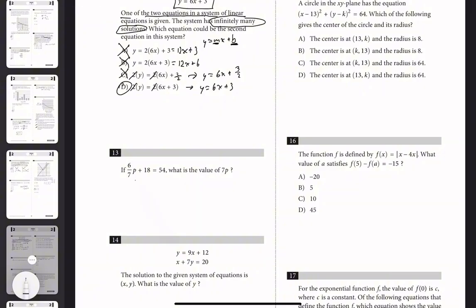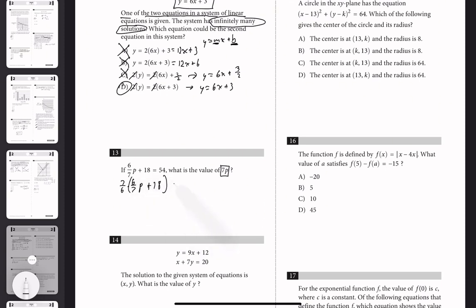Okay, if 6 over 7 p plus 18 is equal to 54, what is the value of 7p? Make sure you're paying attention. It's asking for 7p, not the value of p. That's where a lot of students get tripped up on. So to solve this equation, we're going to multiply both sides by 7 over 6.